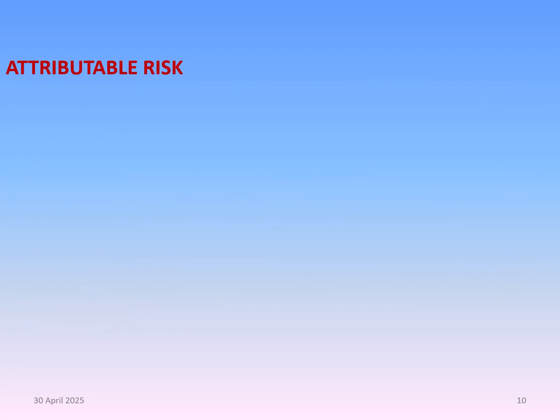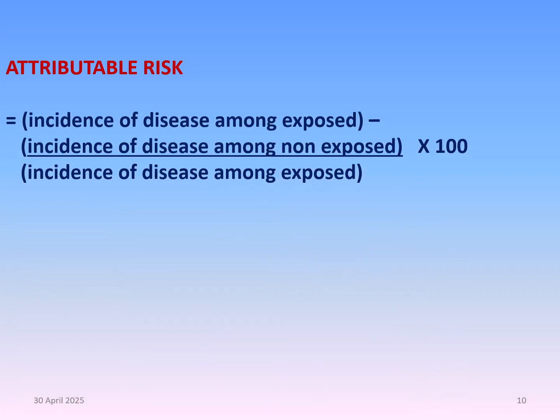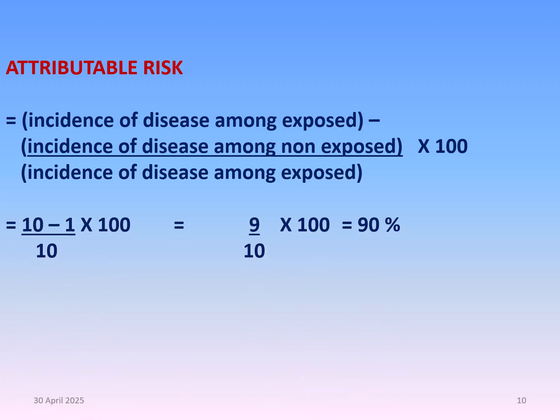Now we can see how to calculate attributable risk. Attributable risk is calculated by this formula. Incidence of disease among exposed group minus incidence of disease among non-exposed group divided by incidence of disease among exposed group multiplied by 100. Attributable risk is calculated as percentage. Here, incidence of disease among exposed group is 10 per 1,000.